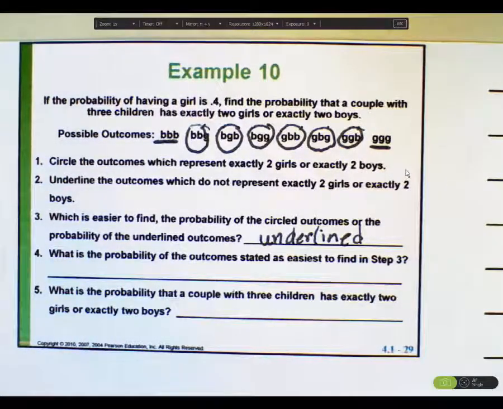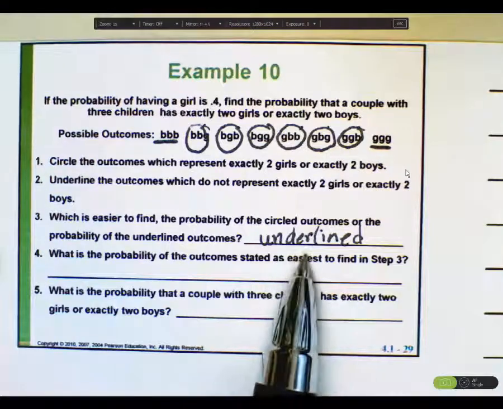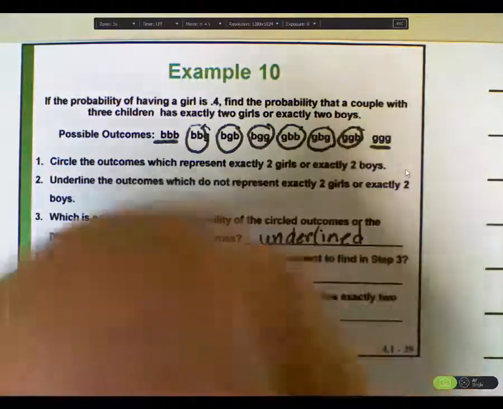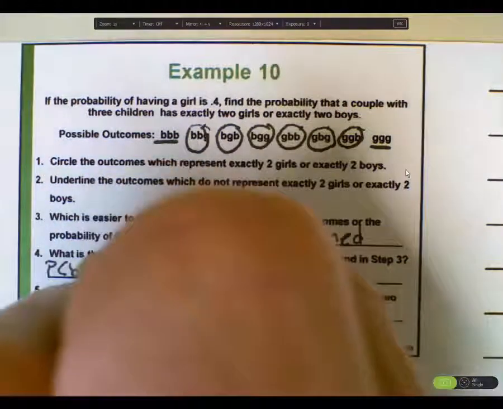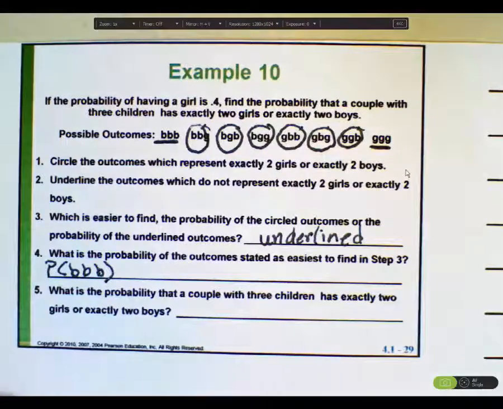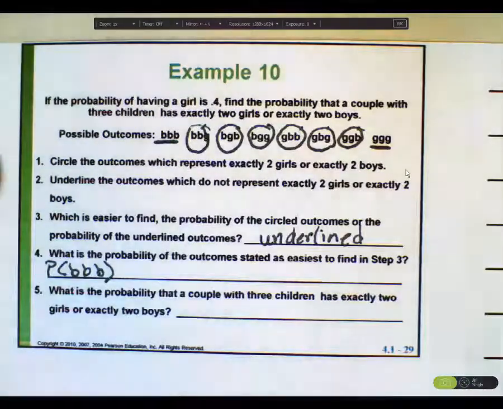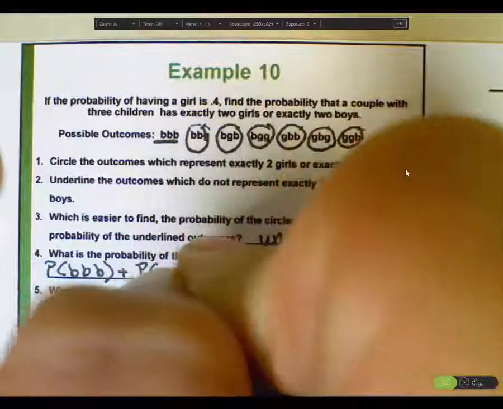What is the probability of the outcome that's easiest to calculate? The probability of the underlined outcomes. We're saying that the underlined outcomes are the probability of boy, boy, boy, or the probability of girl, girl, girl.